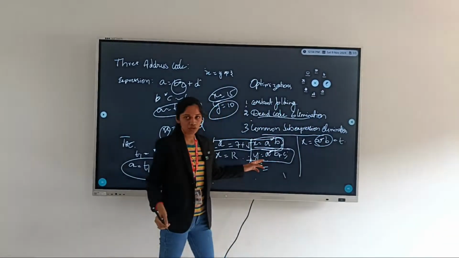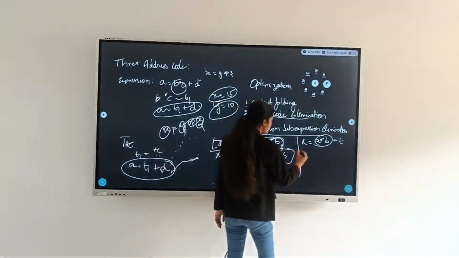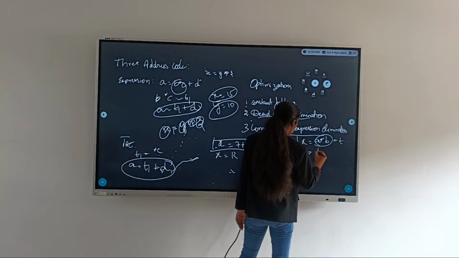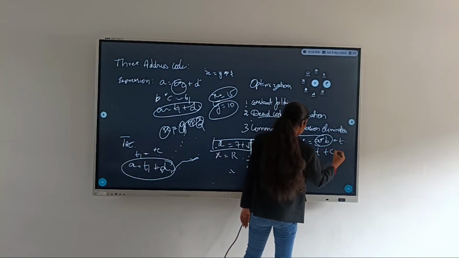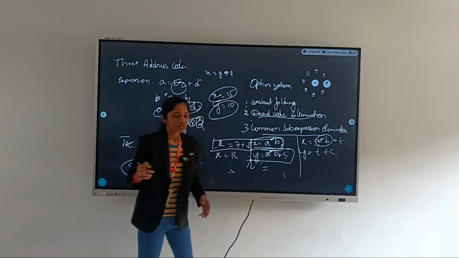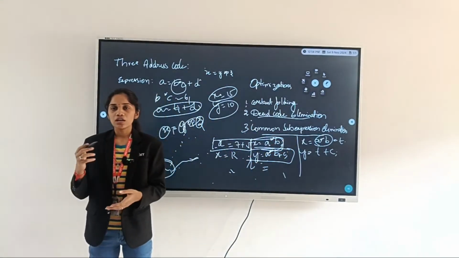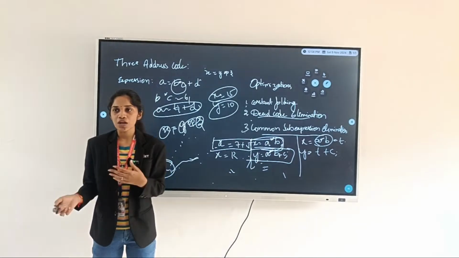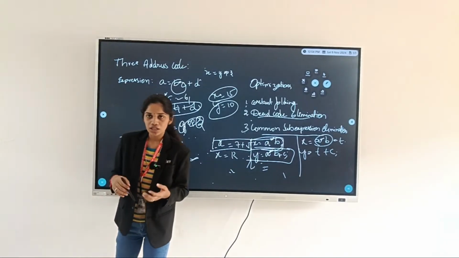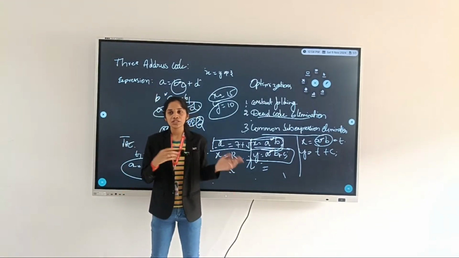Again it is repeated one more time here, so I can write y = t + c, right? So the common sub-expression elimination does not calculate the previous values again and again. It simply assigns the previous result to it.